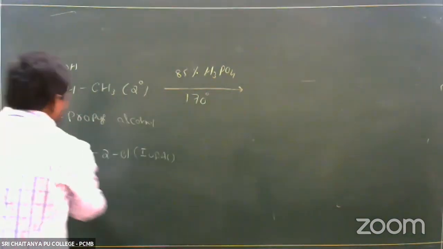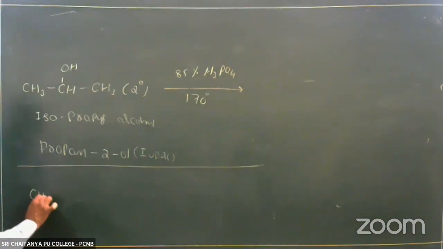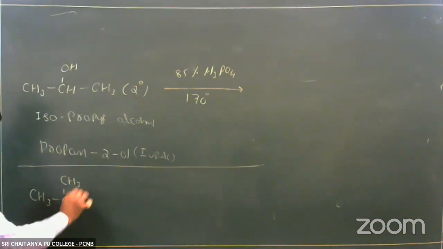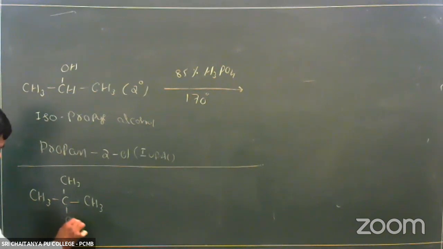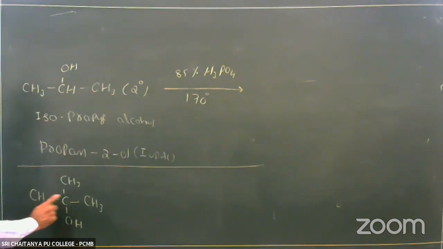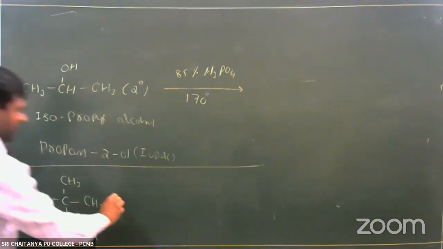If you take a tertiary alcohol, CH3, C, CH3, CH3, OH, there are 1, 2, 3, 4 carbons, so the common name is tertiary butyl alcohol. It is tertiary.